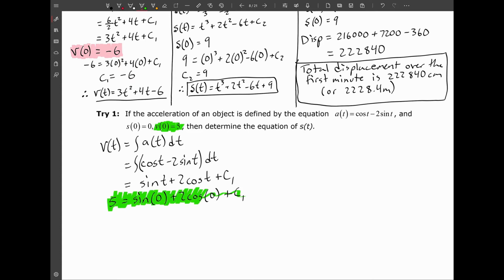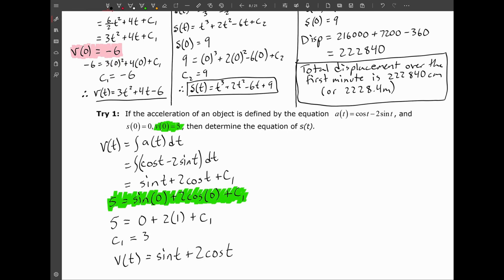I'll be better, I promise. All right, so when we solve for that, 5 is equal to 0 plus 2 times 1 plus c1, which means c1 is equal to 3. Therefore, we have that V of t is equal to sine of t plus 2 cosine of t plus 3. So that's our V of t.